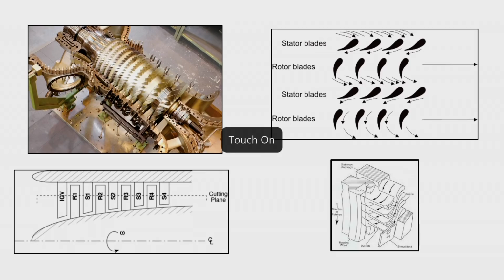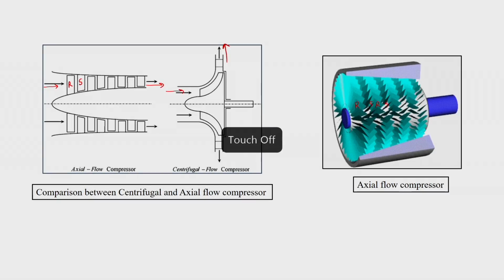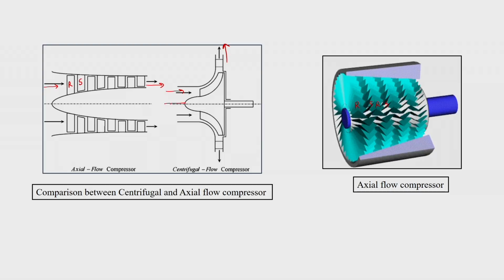Having said this, we will analyze the axial compressor in general as we did for the centrifugal compressor. In the centrifugal compressor, we drew the inlet velocity triangle on the plane containing the axis of rotation, and the outlet velocity triangle in the plane normal to the axis, or rather containing the radius vector of the impeller.